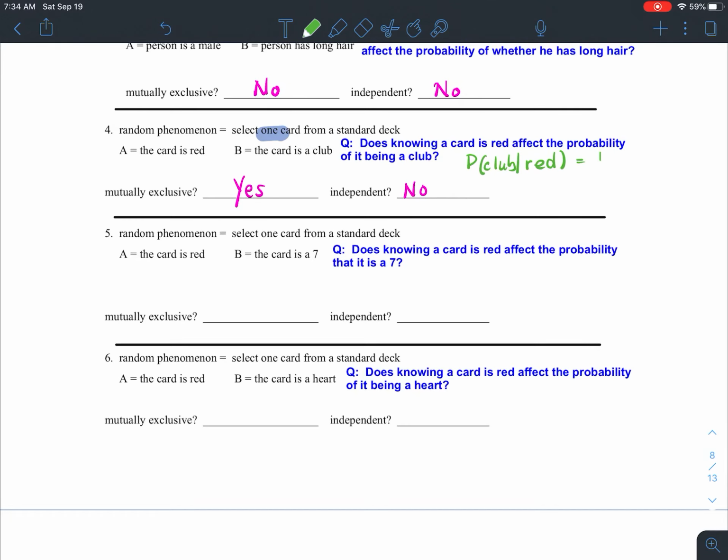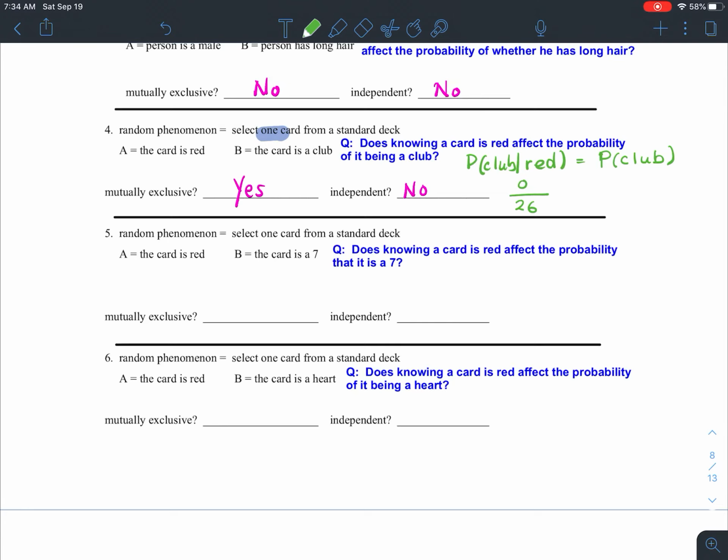So let me demonstrate that for you real quickly. The probability, given that the first card is red, that the second card is a club, if that equals just the probability that a card is a club, then we would know that these two events are independent of one another.